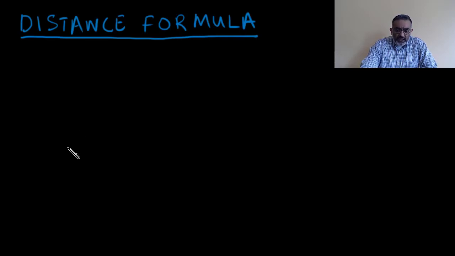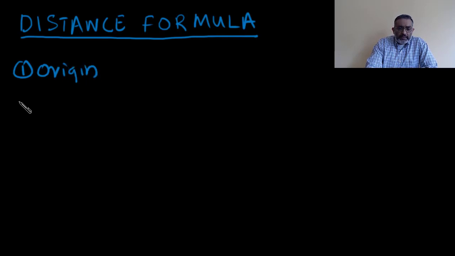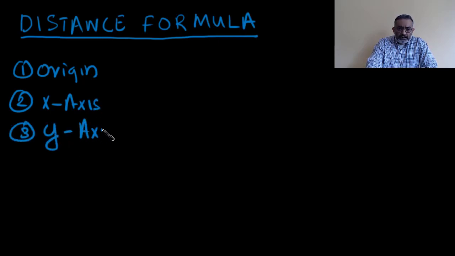So let's refresh our memories around what is the XY coordinate system. Alright, so it contains three things. One is the origin, second is the x-axis, and similarly third is the y-axis.